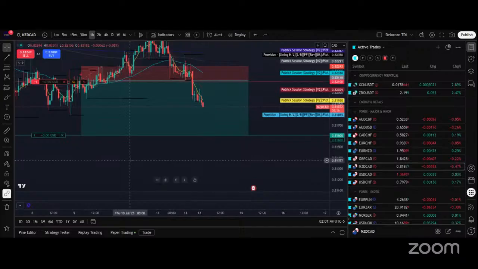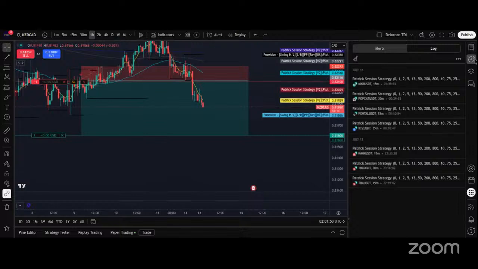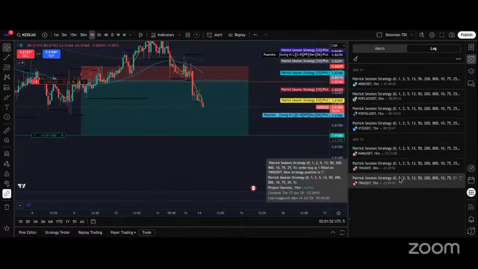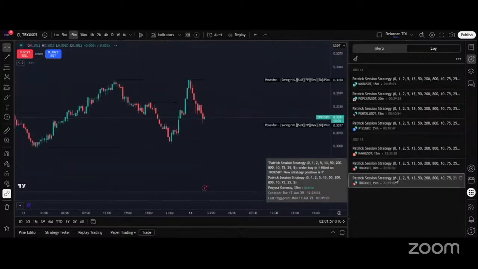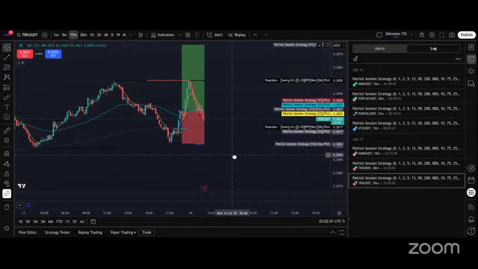That being said, let's look at the first opportunity. This is a 15-minute time frame on Tron versus Tether, the TRX USDT.